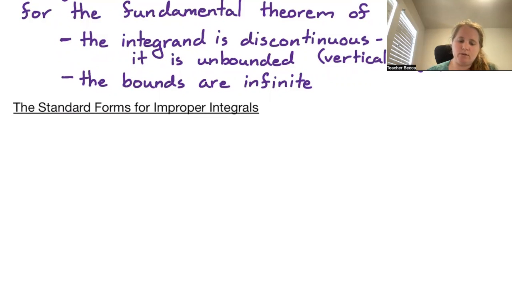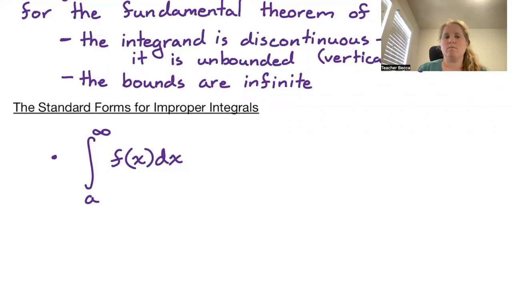we could have a first case, let's do with infinite bounds. So we could have an integral that goes from a to infinity of f of x dx. And here we have an integral from a to infinity, f of x dx.